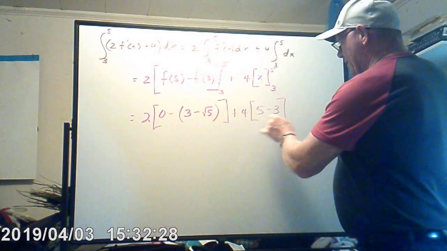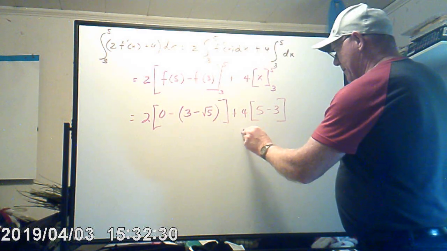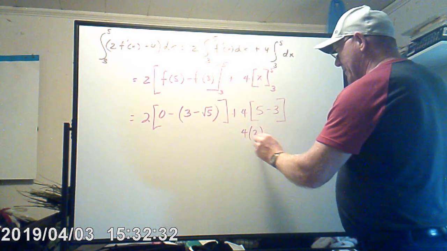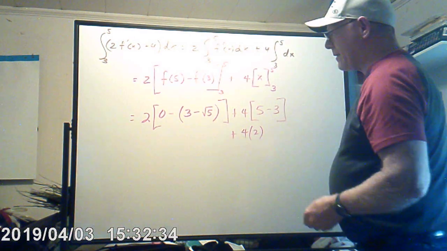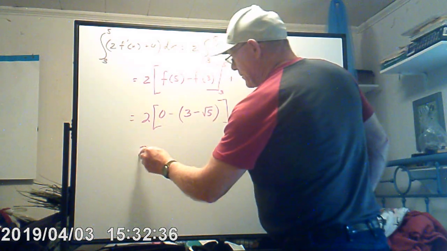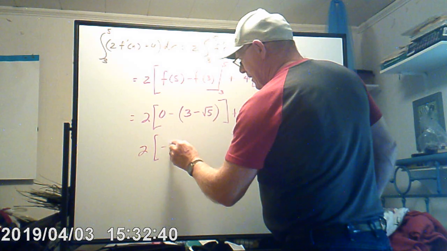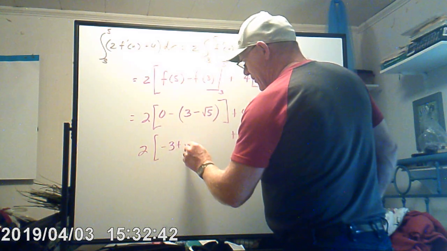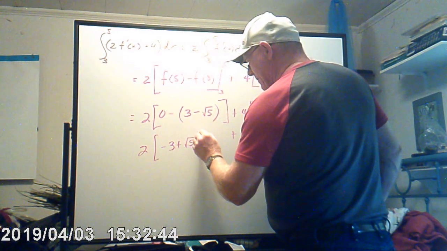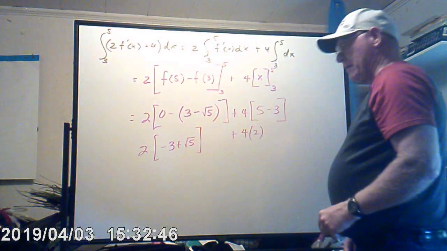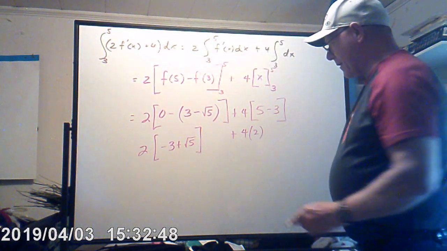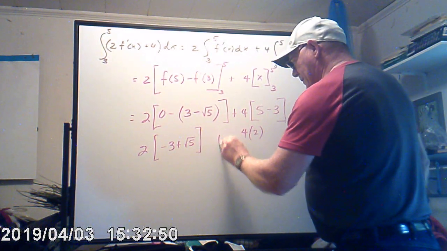And this is 4 times 2. Alright, so 2 times negative 3 plus the square root of 5, like that. Okay, and then just put this plus here in the middle.